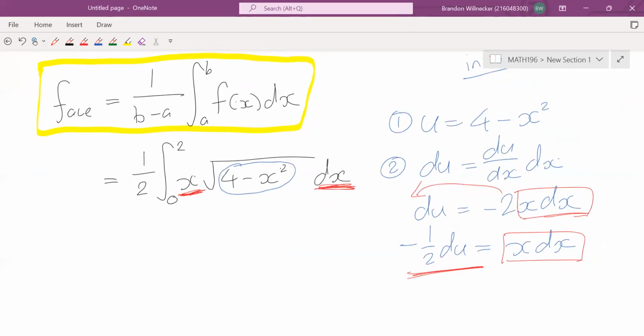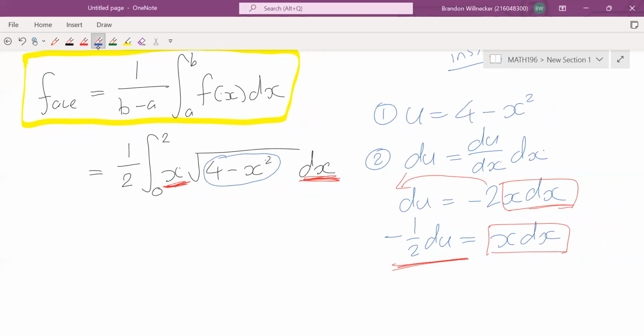Okay, good. But remember, this is a definite integral, so we have the extra third step of changing the bounds. Remember, these bounds are x equals 0 to x equals 2. We need to change it to u equals something for the lower and upper bounds. So if x is equal to 0, then u is going to be 4 minus 0 squared.